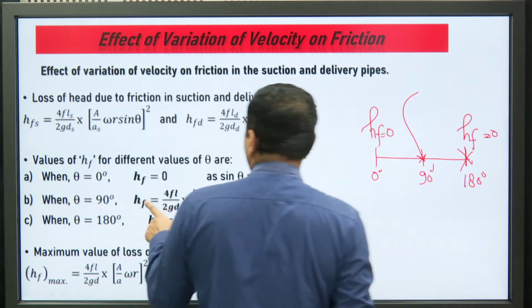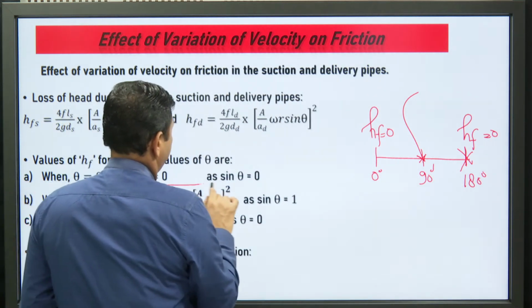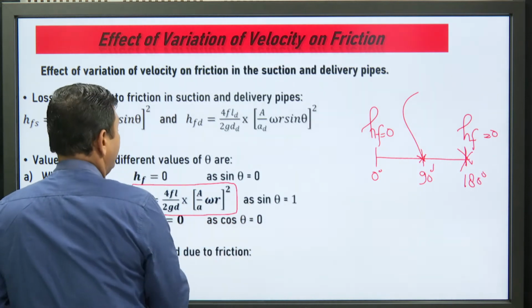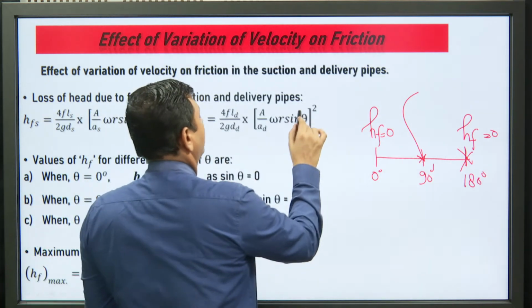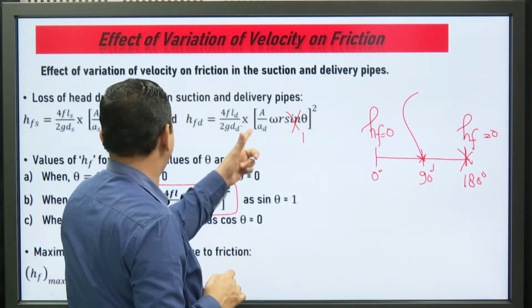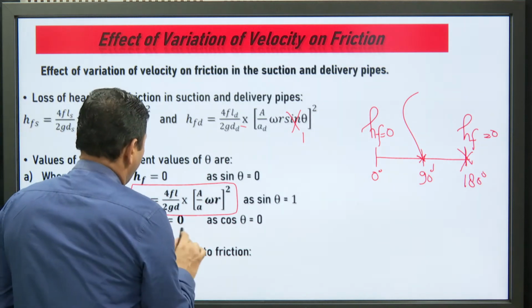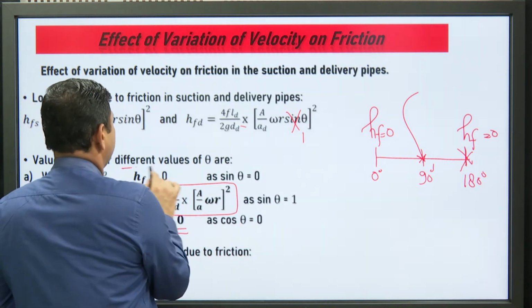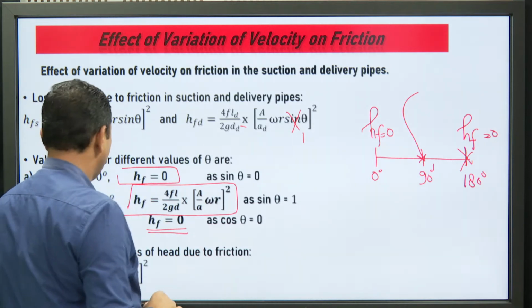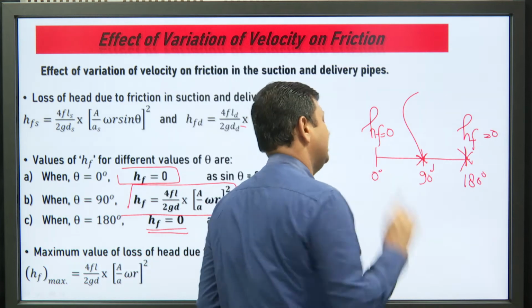Putting sin 90 as 1, HF becomes equal to this equation. Okay. So this is at the end of stroke and beginning of stroke. So where is the maximum?